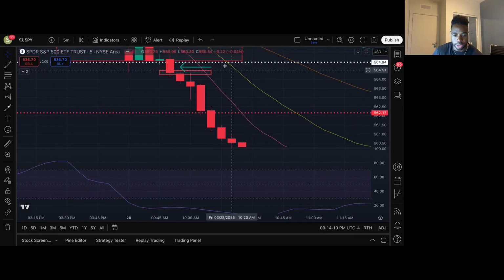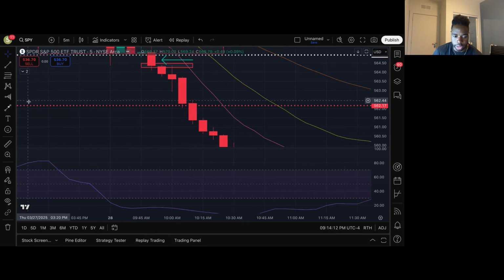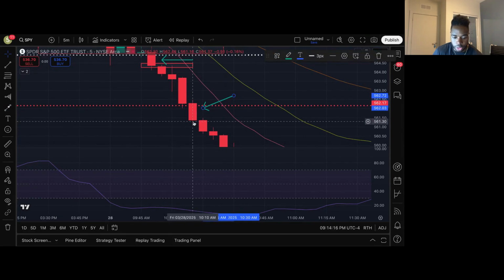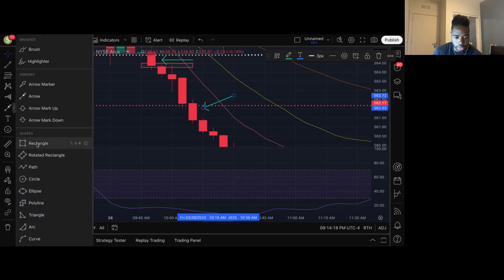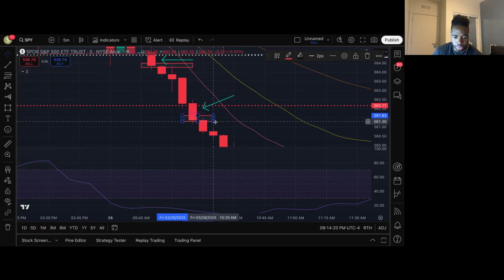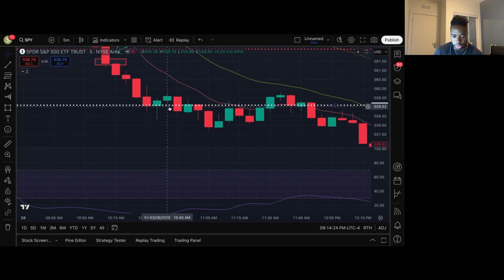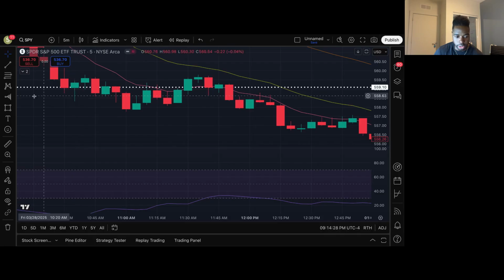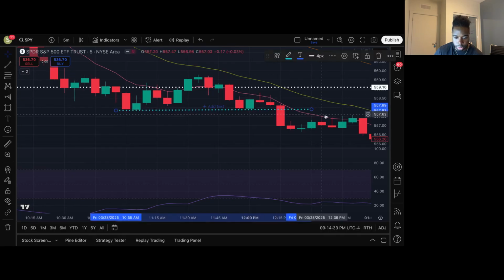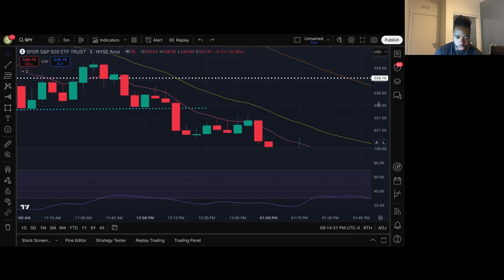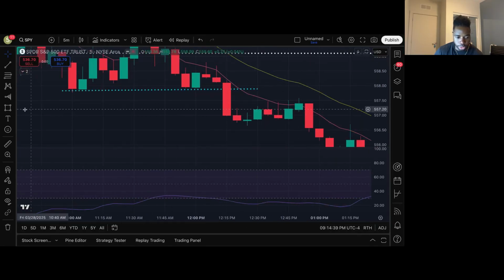Then I like to look for the second best entry. That would probably be the break of this key level here, after 10 a.m. I'll mark that there. What other entries do I see? Now we consolidate, then we create this sort of double bottom, and then we get another break.